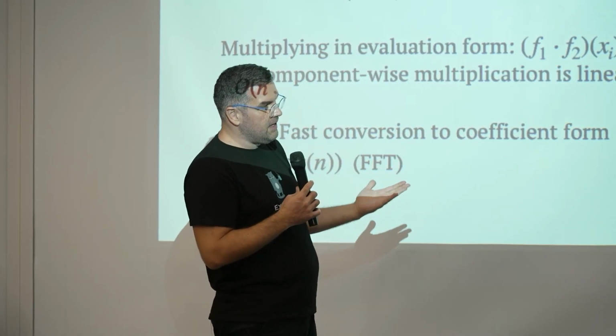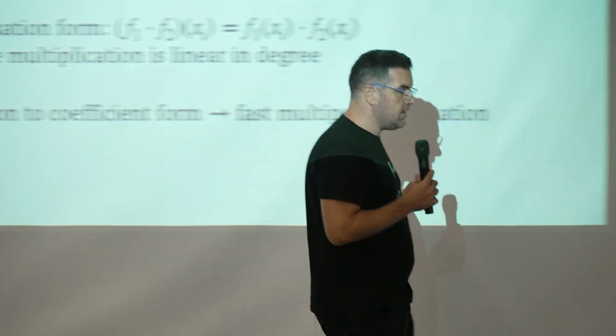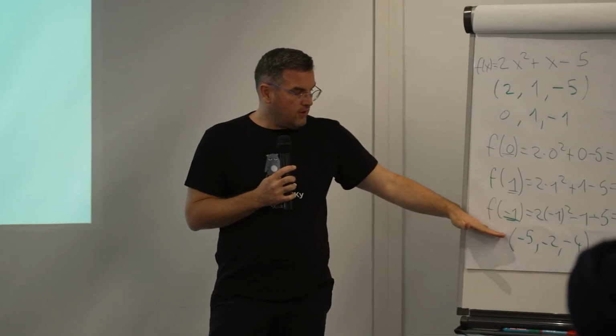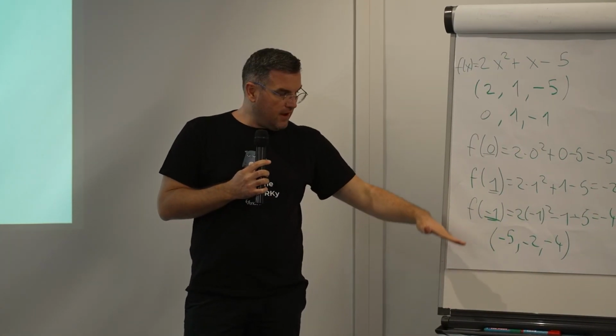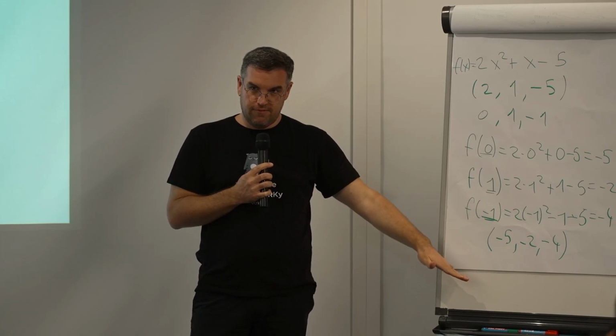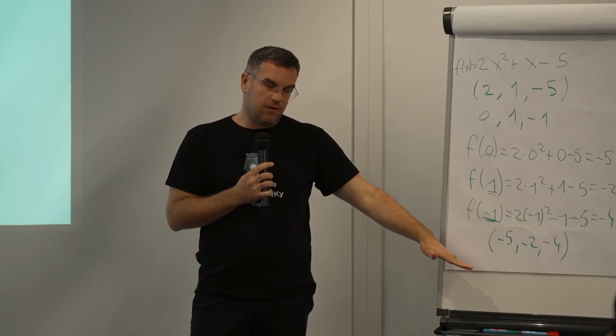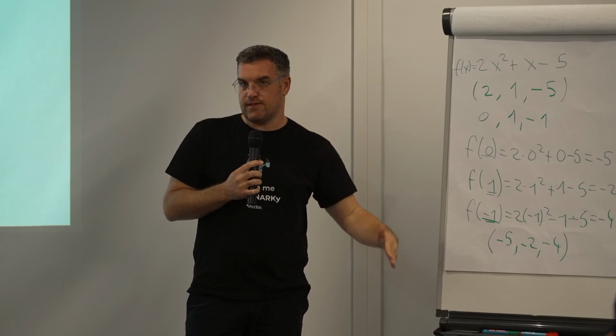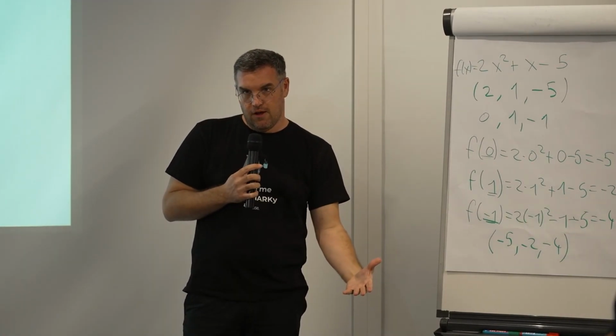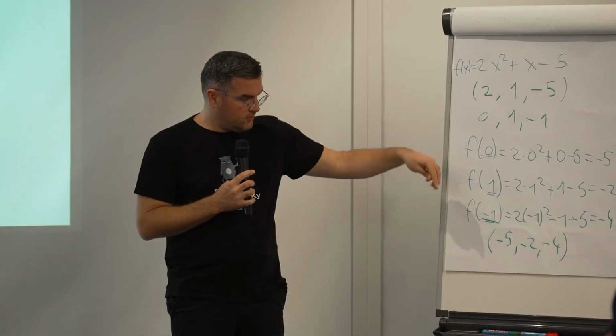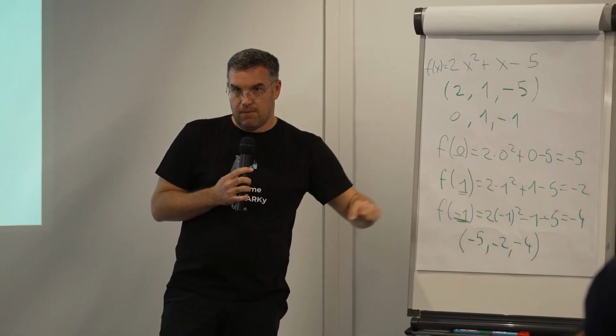So basically it means once you represent your polynomials in evaluation form, if I have given two evaluation forms of two different polynomials, and I ask, okay, I take the product, what is the evaluation form of the product? All you have to do is component-wise multiplication.